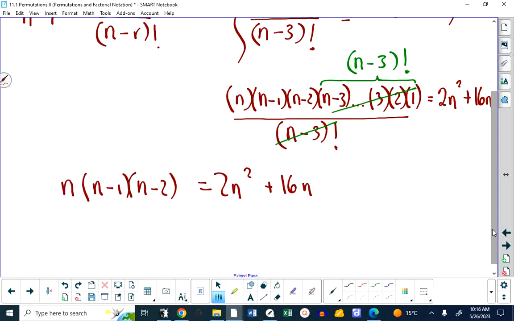If you don't see it, this is going to turn into a polynomial equation from way back in February. If I expand this out, I get n times n squared minus 3n plus 2. Take a minute and absorb what I've just done there.